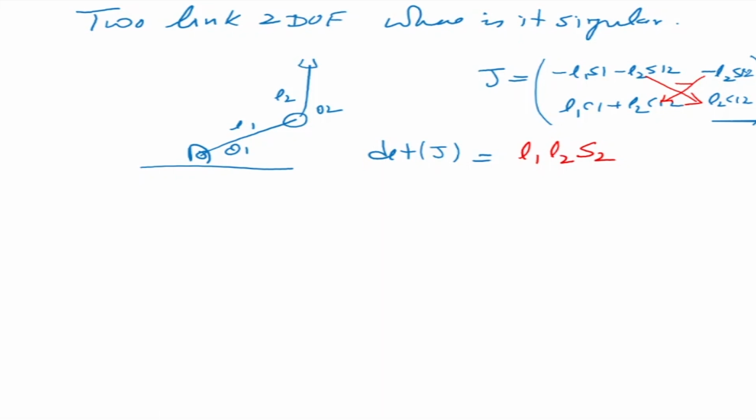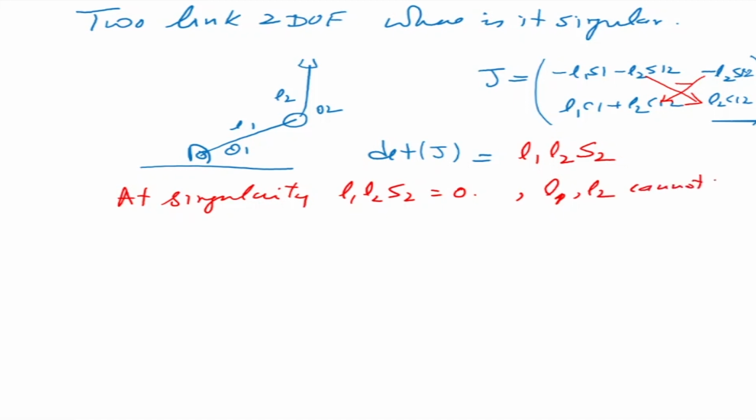Okay, so now where are the singular points? So at singularity, L1 L2 sine theta 2 will become equal to 0, right? Now L1 and L2 cannot be 0, okay, because they are lengths.